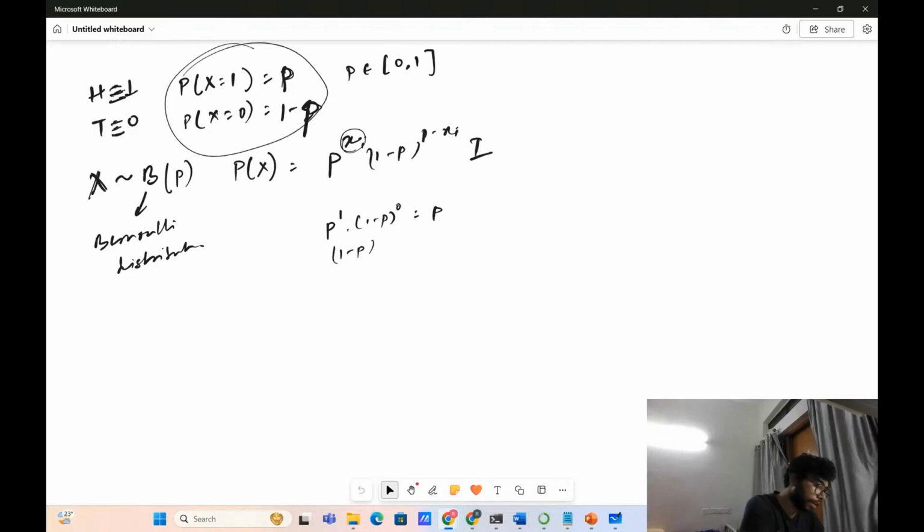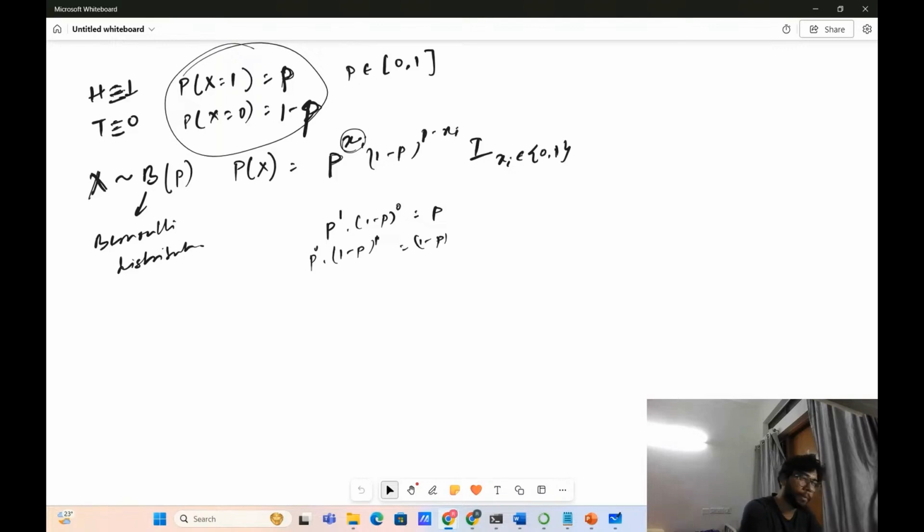And here we can add an indicator function where we say that xi takes only the discrete values 0 and 1, not values in between. So this is just a Bernoulli trial.